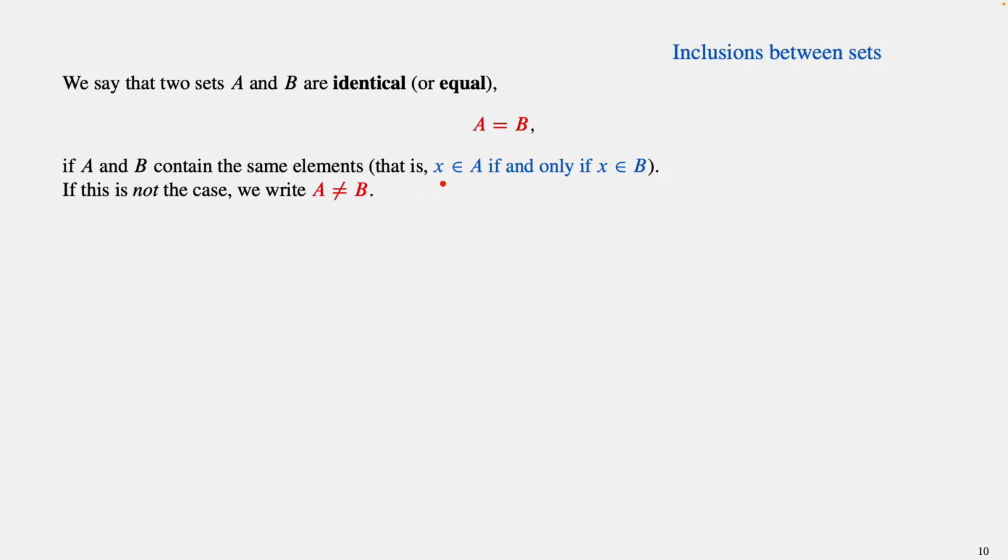Or more formally, if X is an element of A if and only if X is an element of B. And if this is not the case, we write A not equal to B. So this means there exist objects that are contained in A but not in B, or the other way around, there's something in B that's not contained in A.